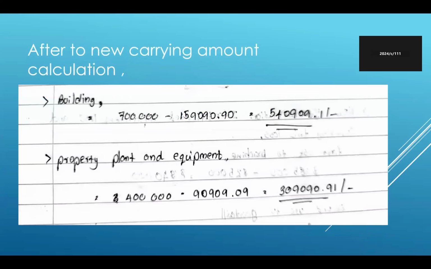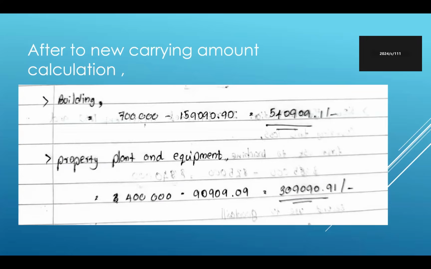After the new carrying amount calculation, first, building: 700,000 subtracting 159,090.90. Final answer 540,909.1.